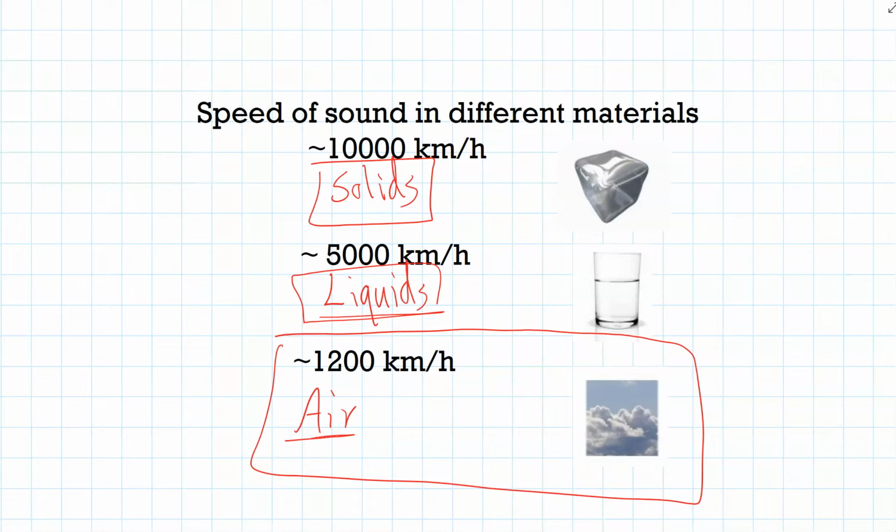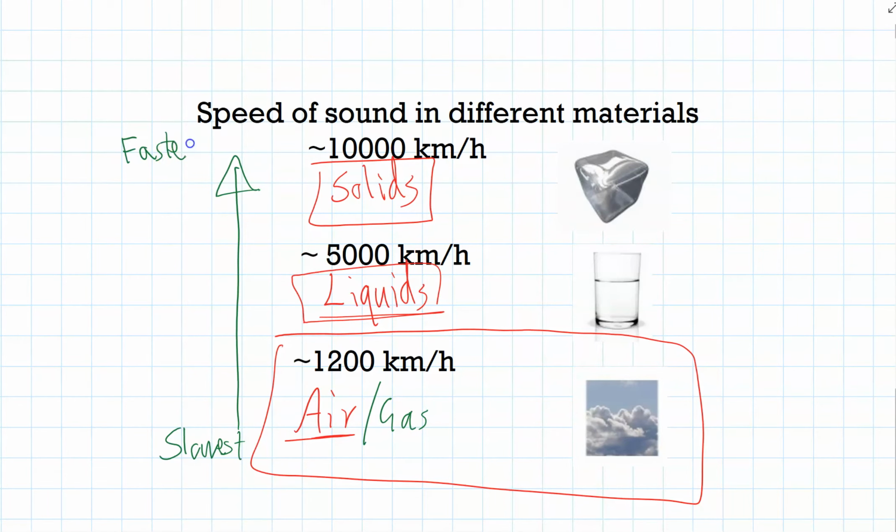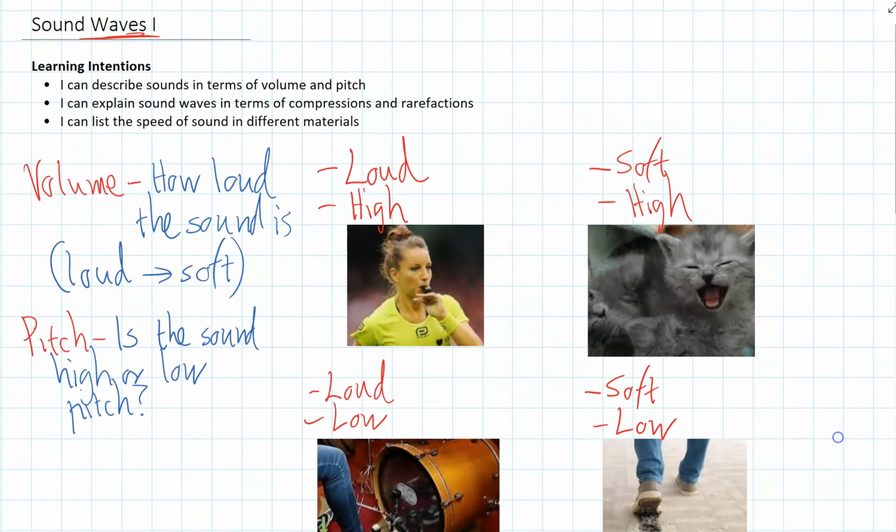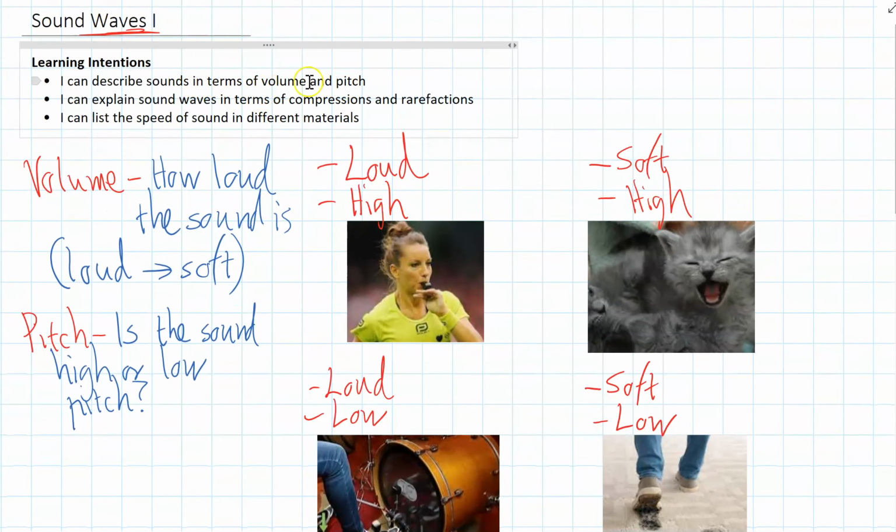So the numbers here aren't super important, but you should realize that there's a clear pattern that sound moves slowest through air and gases, moderately through liquids, and then the fastest through solids. Okay. So you should be able to explain pitch and volume, and explain sound waves, and then list the different speeds of sound.